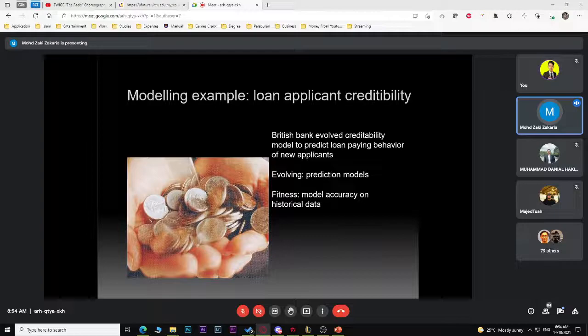So maybe the variables involved, for example, commitment, and another variable, maybe the occupation, the age, and so on. So based on these variables, we construct a mathematical formula.